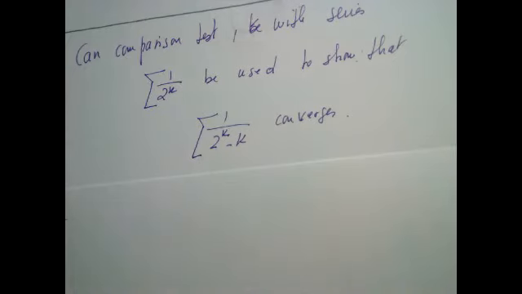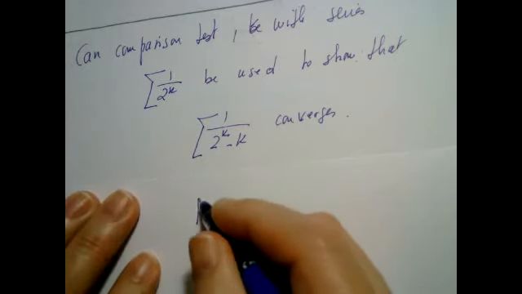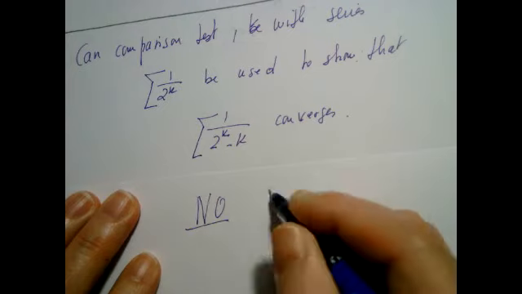Absolutely correct. So can we use it? The idea is to show you how delicate this test is. We have to be very careful with it. And the answer is no, and that's the reason why, as your classmate said.